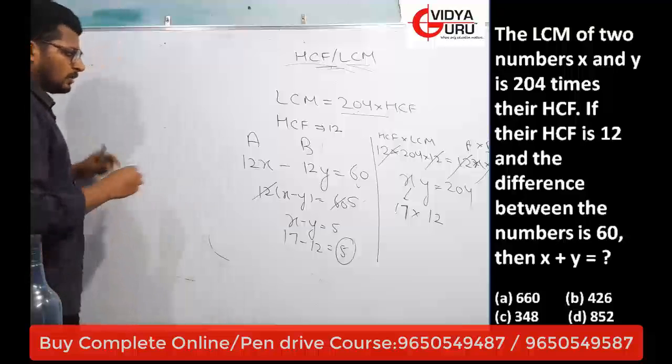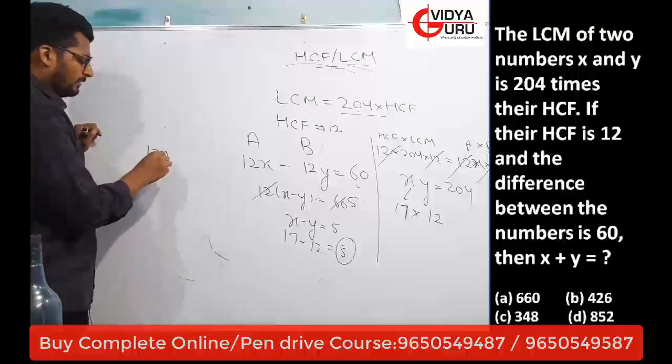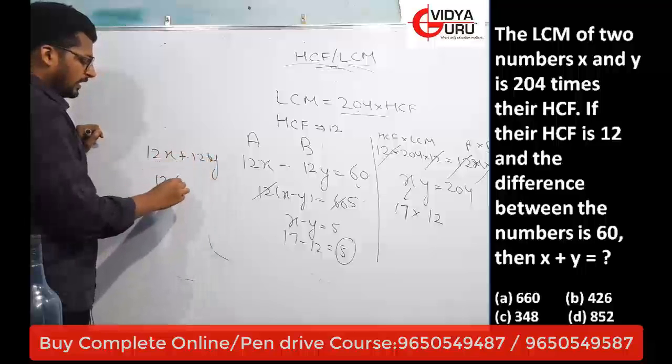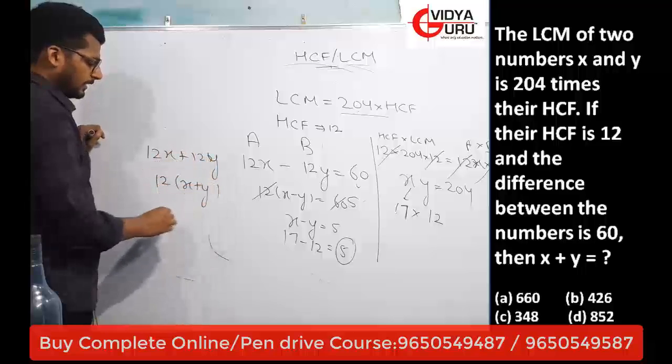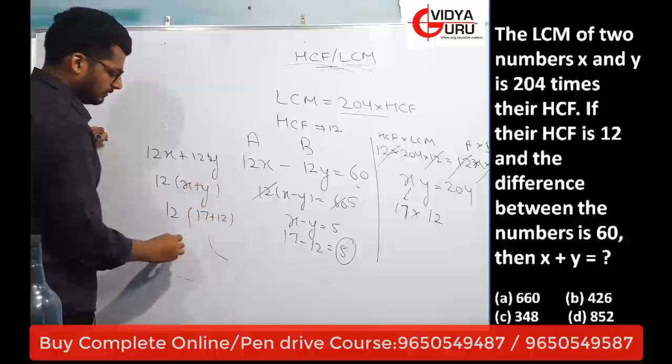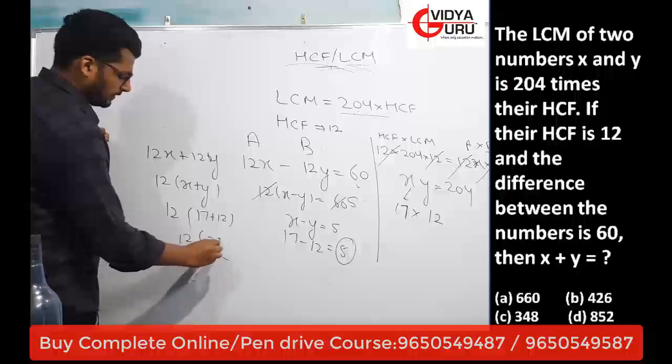The question is asking the sum of the two numbers. The two numbers are 12x, 12y. What will be their sum? 12 times x plus y. x plus y will be equal to 17 plus 12, which will be equal to 29.